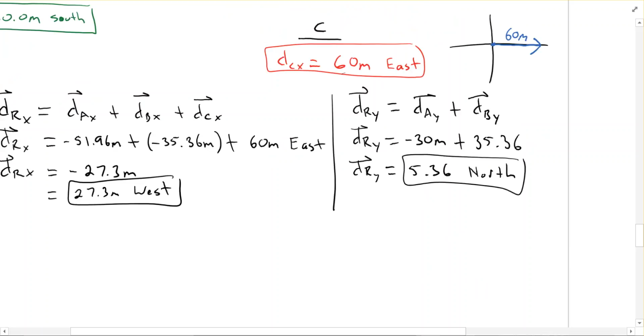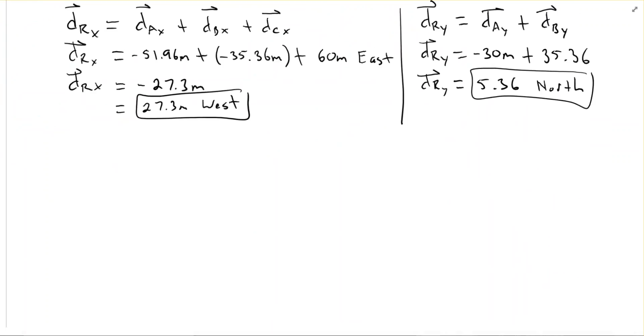All right, we're almost there. Last one, we got to take those two and make a new triangle of that. So I've got this one going west. Oh, I can't draw a straight line. Okay, so that goes west, and that's 27.3 meters. And then tip to tail, this one's going north.